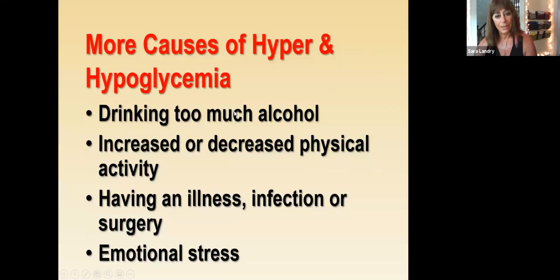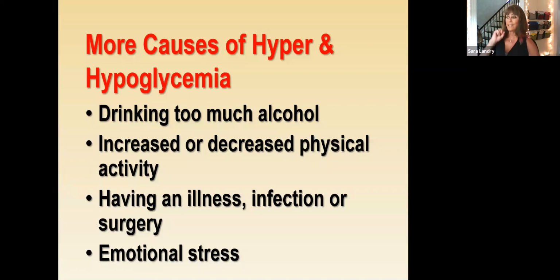Alcohol. You can drink alcohol if you're a diabetic type 2 or have pre-diabetes, but you can't drink too much. So drinking too much alcohol can cause you to become hypoglycemic. If you increase or decrease your physical activity, again, it's really important for a diabetic type 2 to be in a routine for eating and a routine for exercise.